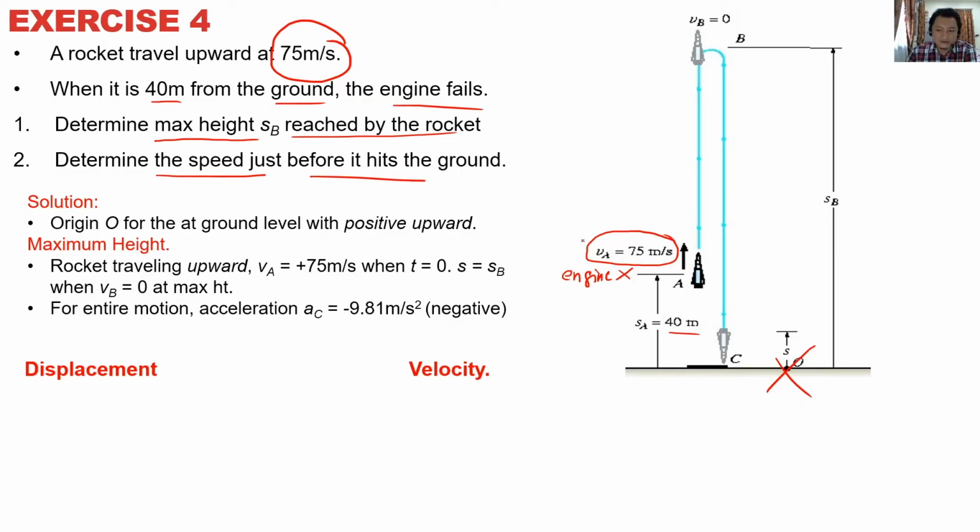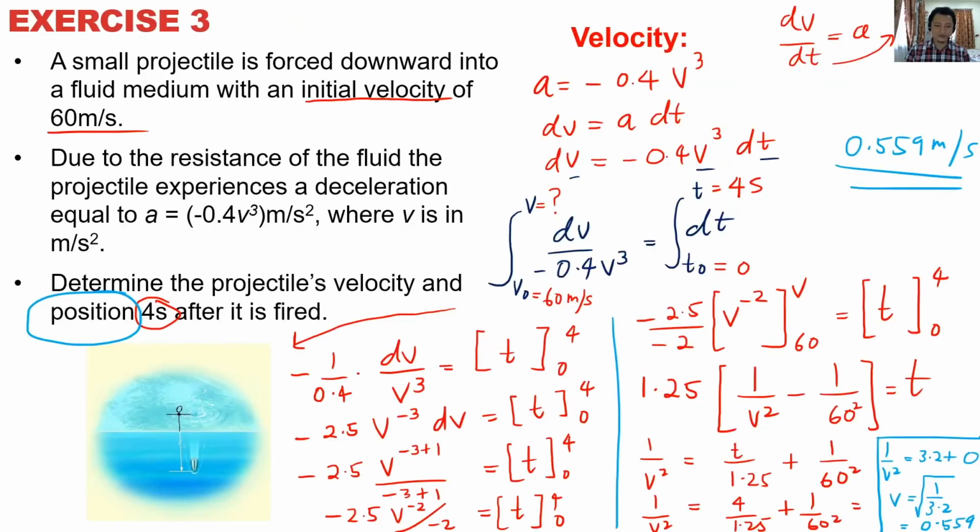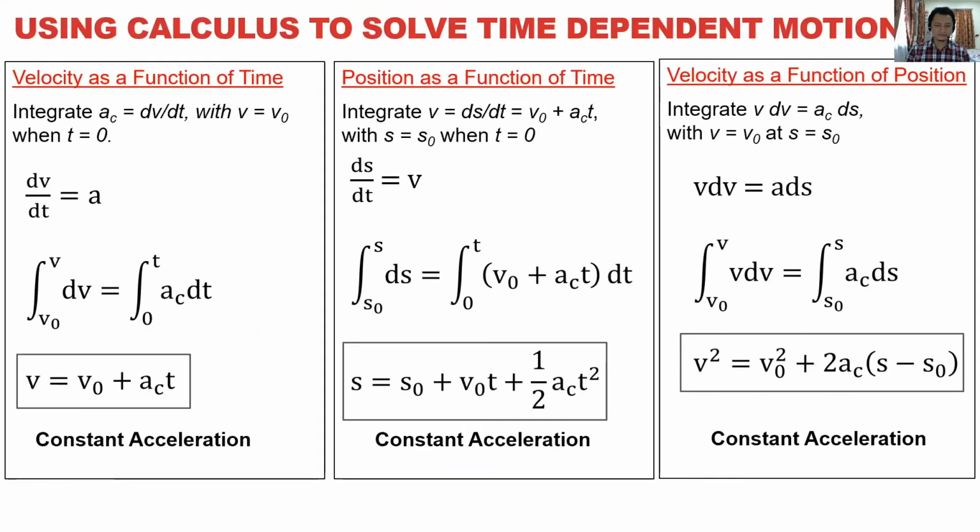So the rocket is going up at plus 75 meters per second. For the entire motion, acceleration g is negative 9.81, which is going down. In this case, you can use these formulas that we have derived before. Which formula? This formula number 1, formula number 2, and formula number 3.